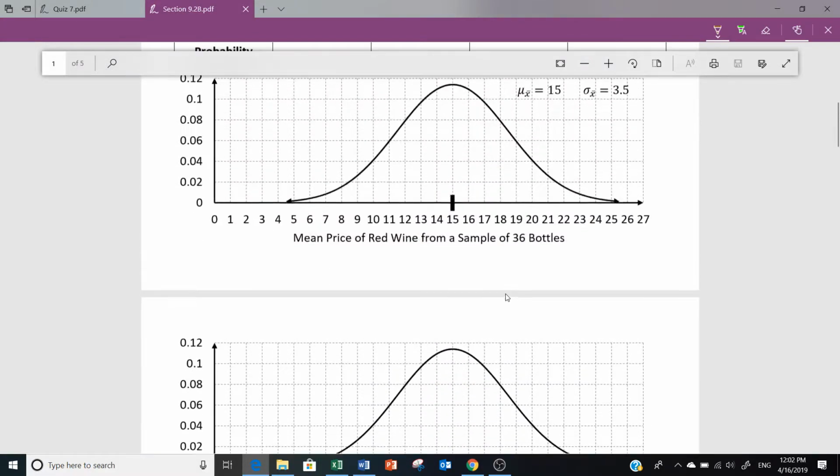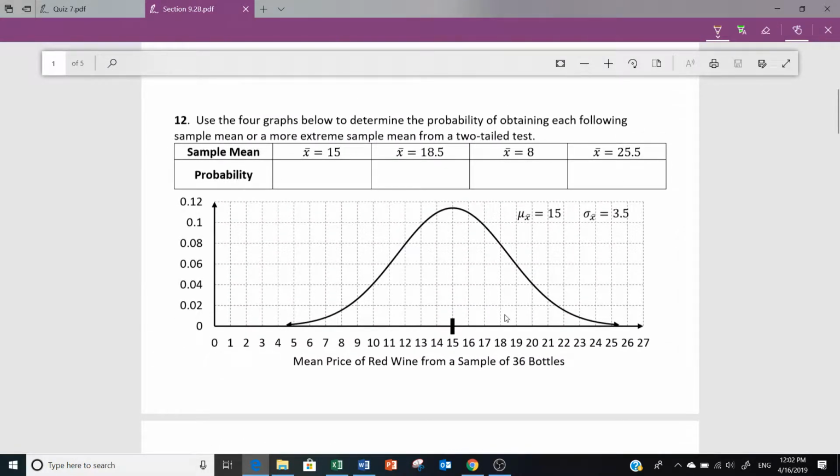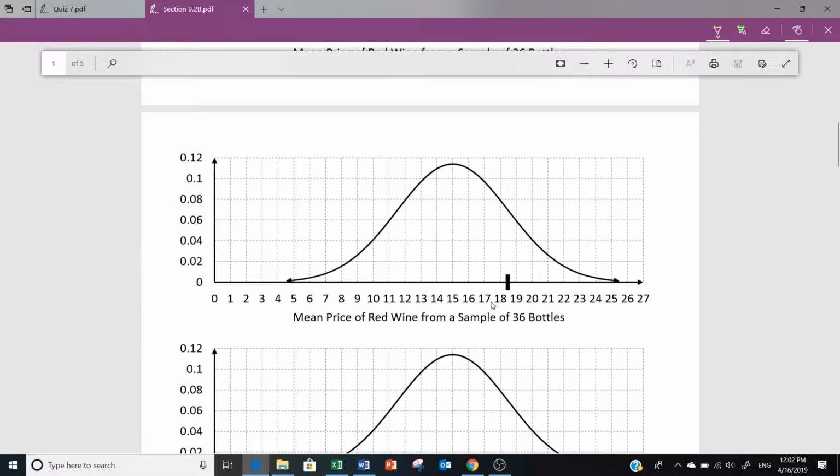So we're going to now calculate the probability of obtaining this sample mean or a more extreme sample mean. I'm going to do this one, it's a little bit easier. How many standard deviations from the mean is 18.5? 1. Very good. So 1 standard deviation below the mean would be 11.5, which would be over here.